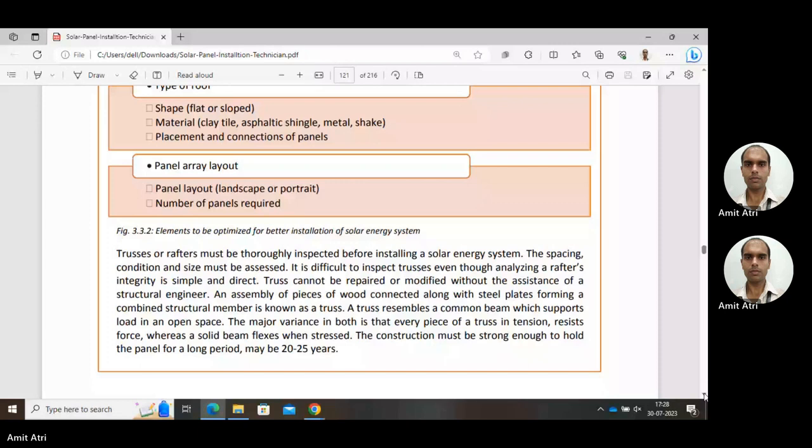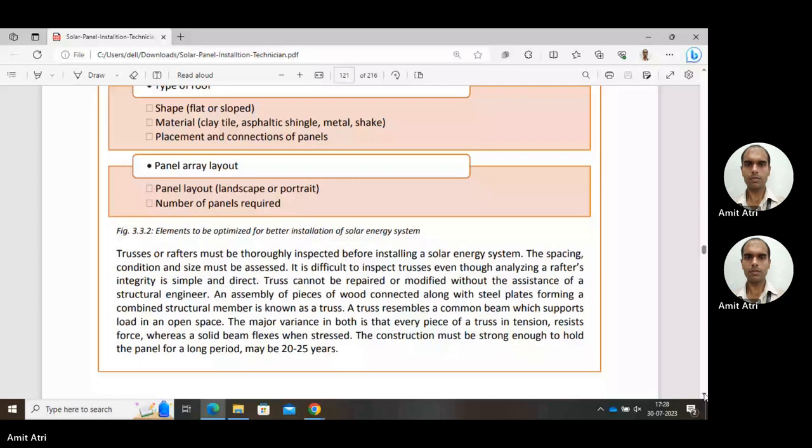A truss resembles a common beam which supports load in an open space. What is the difference? The truss resists force in tension, unlike a beam. A beam becomes flexible when we apply some stress on it, so it is opposite in the case of a truss.